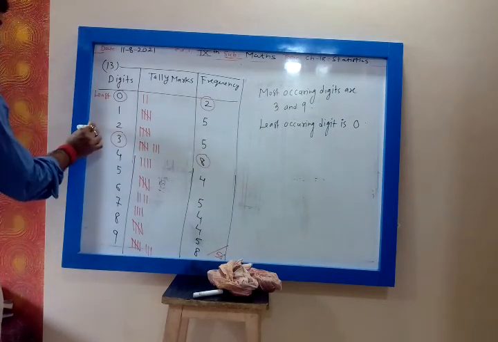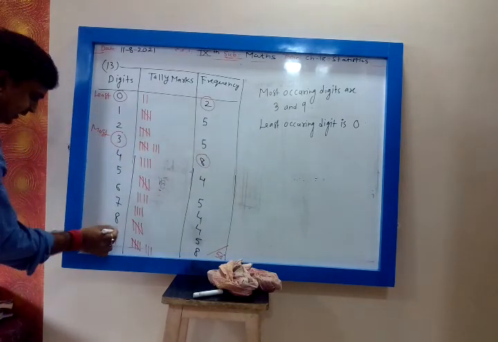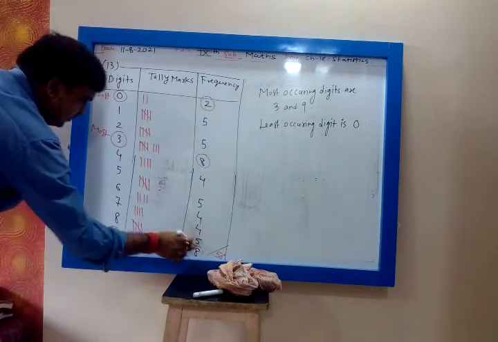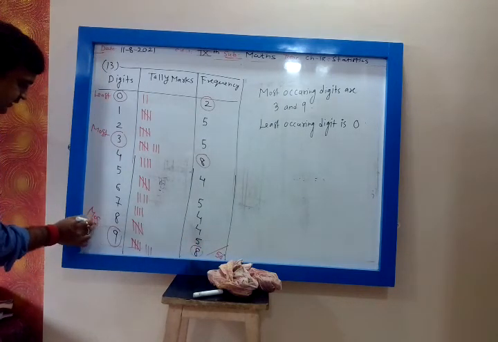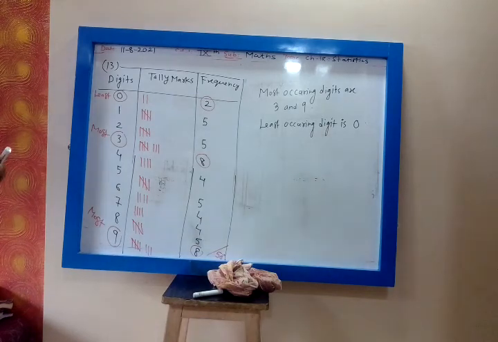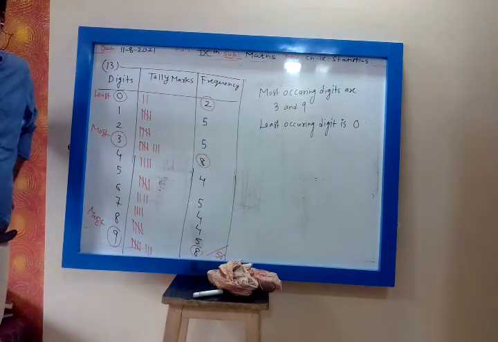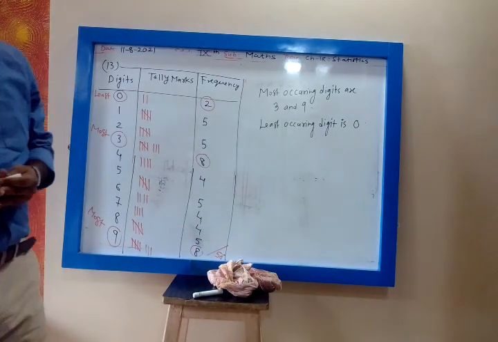So 3 is a most occurring digit, and 9 is also 8. So most occurring digits are 3 and 9. Least occurring digit is 0. Okay, so this completes our 18A.